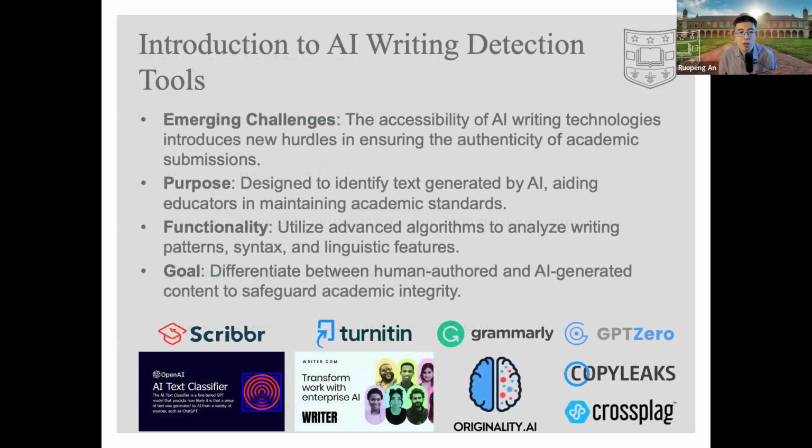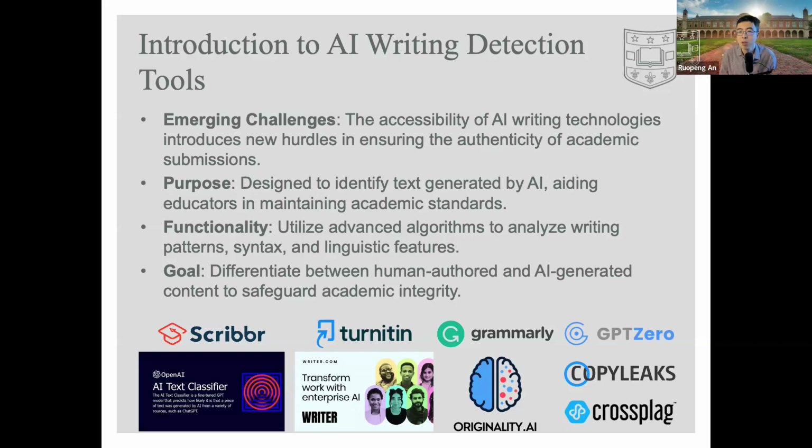I believe all of us know something about AI detection tools because now they are everywhere. Many people, both students and faculty, have started using AI writing detection tools to assess the authenticity of academic submissions, whether homework assignments, paper submissions, or abstract submissions.